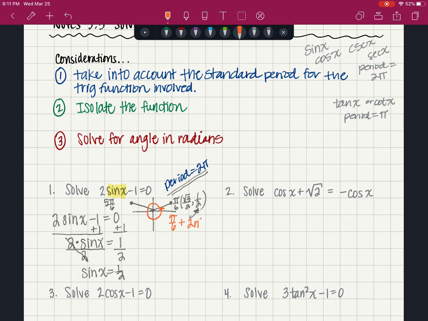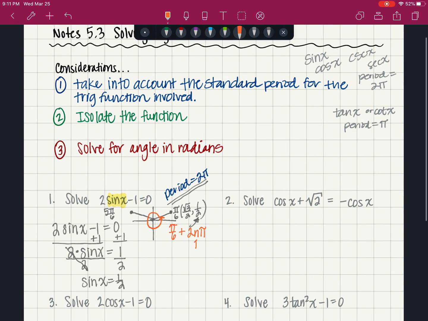So I'm going to say 2n pi. Now the n stands for an integer. So I can add 1 revolution, I can add 2 revolutions, I could add 3 revolutions. So a revolution is the 2 pi part.